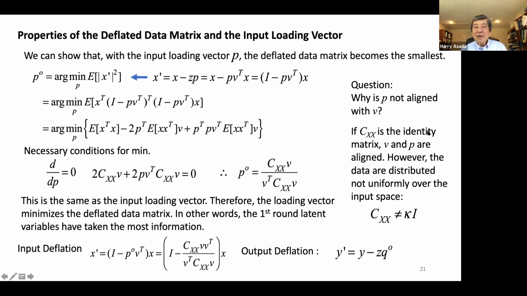So some of you may feel, why is P not aligned to V? V was found to be the most effective direction, right? Well, interestingly, just deflating in the direction V doesn't give the optimal one. If CXX is involved here and here, and if CXX is the identity matrix, this one collapses, right?